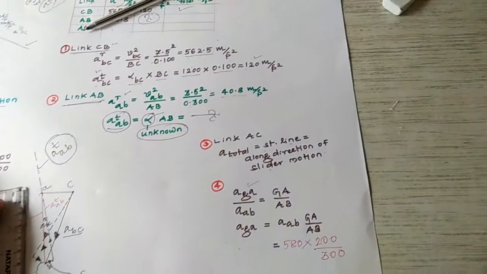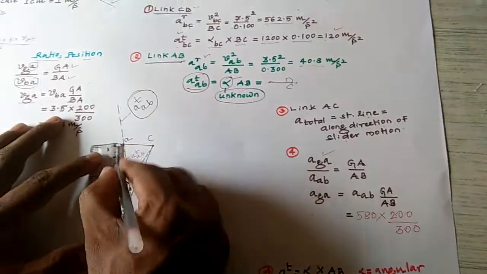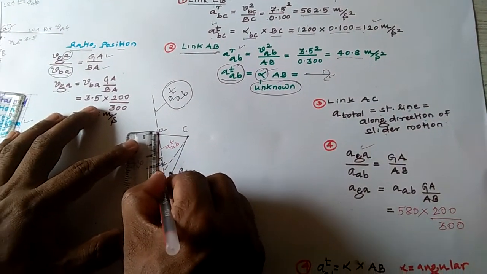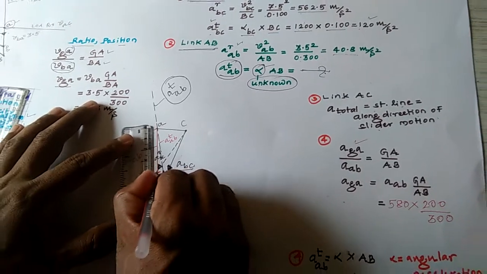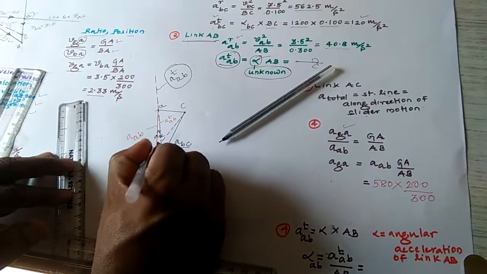It comes as something like 4, from the A direction. It comes somewhere here. I take it as G. You can find it here. It comes as G here.